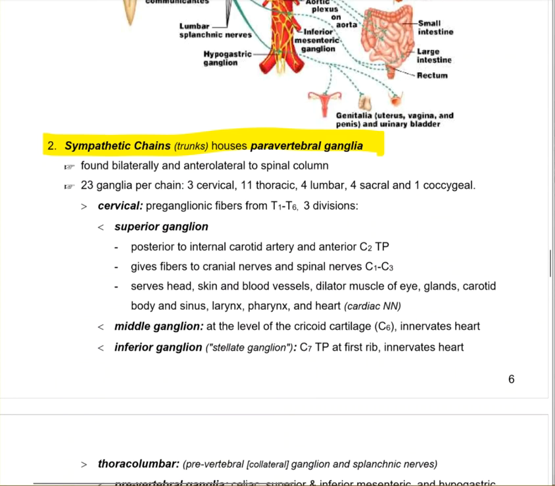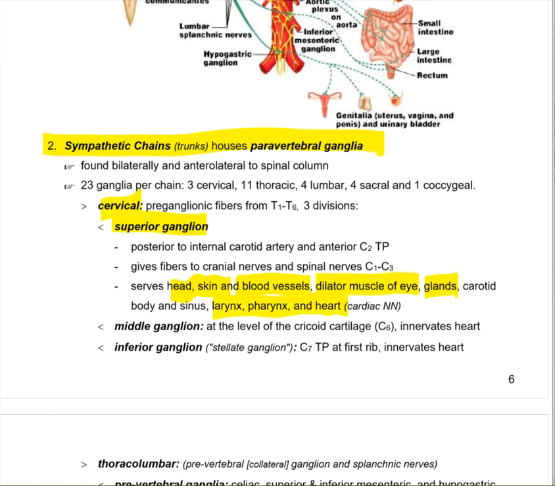So the cervical ones: the superior ganglion goes to the skin of the head and the blood vessels of the head. It goes to the dilator muscle of the eye. Remember, we want to dilate our pupils. It goes to glands, and also to the carotid body and sinus, which we'll talk about more next term, and it goes to the larynx, the pharynx, and the heart.